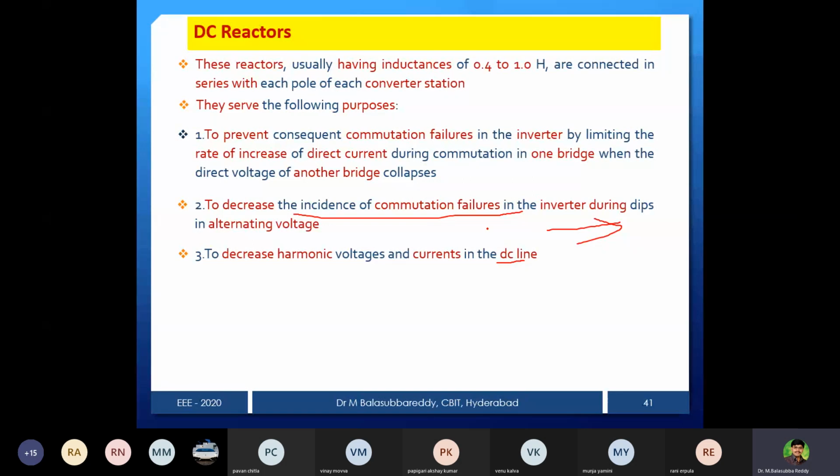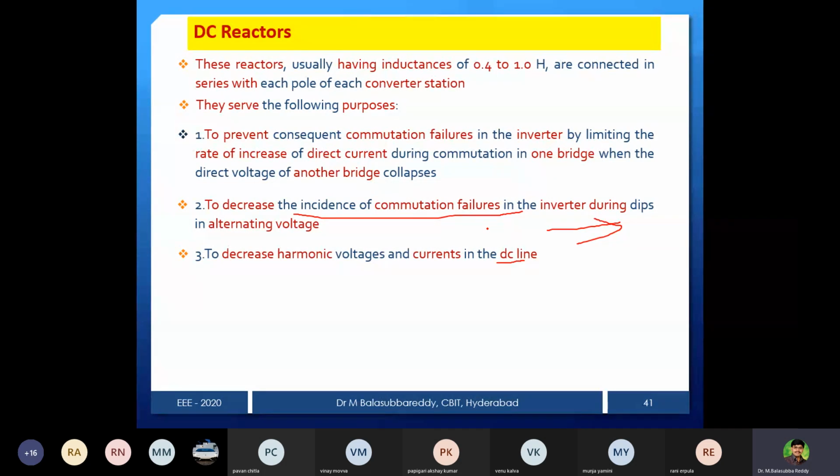There are different types of filters, such as single tuned filters and double tuned filters. All these will come after this, because that is also in our syllabus. Different types of filters we need to discuss, but for filter design you can refer to research papers if you want more elaboration.